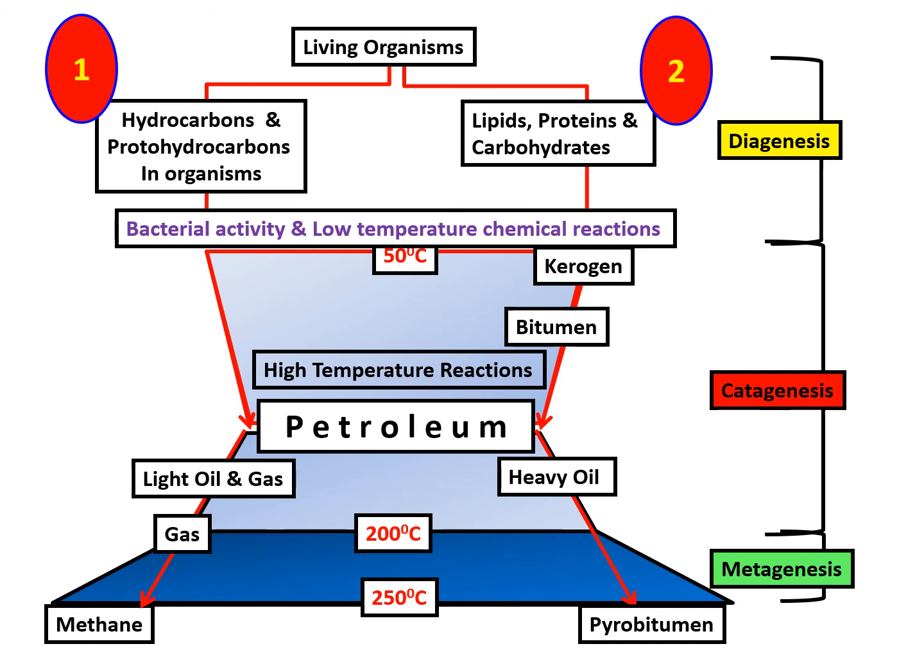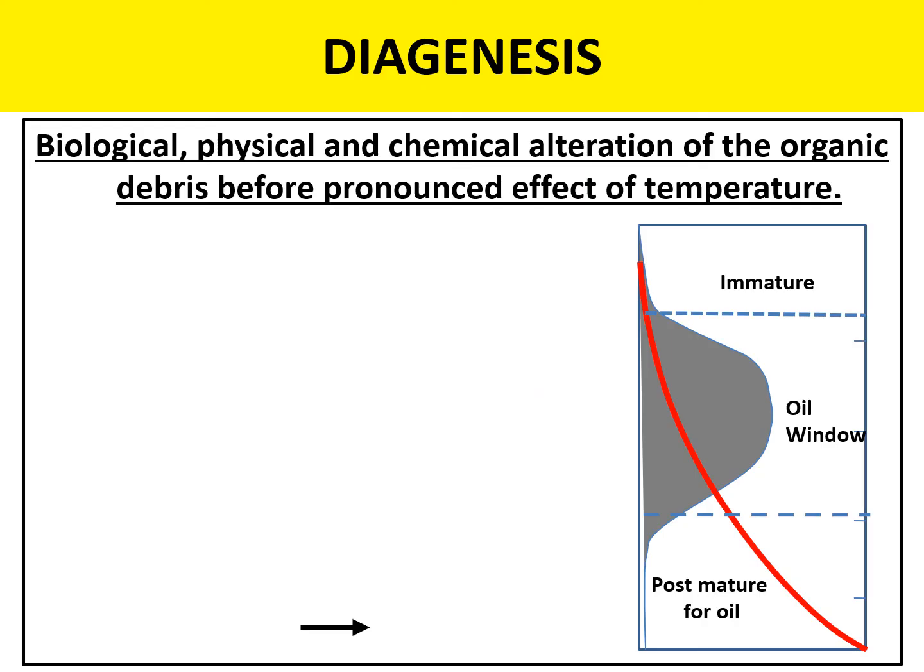Okay, so we go more specific to each of these stages of maturation: diagenesis, then catagenesis, and then metagenesis. Diagenesis is a process of alteration of the organic matter by biological, physical, and chemical reactions without any pronounced effect of temperature.